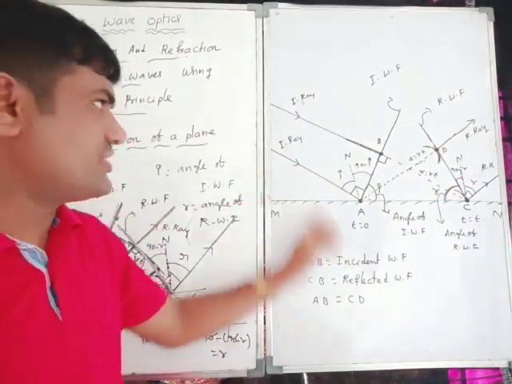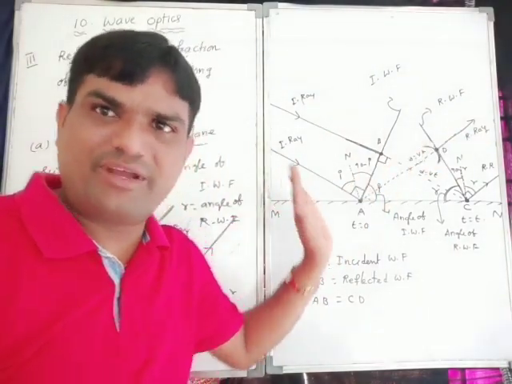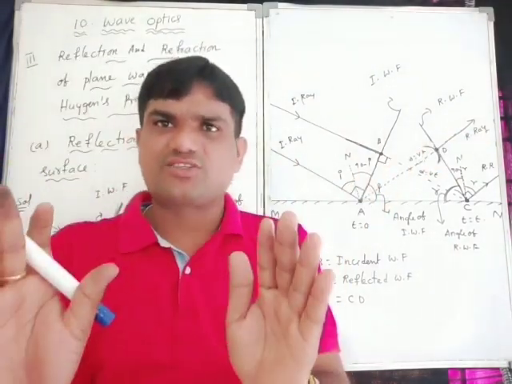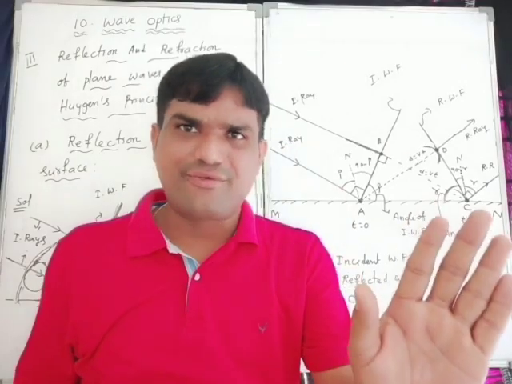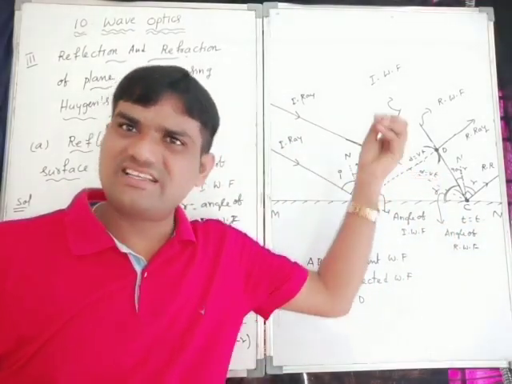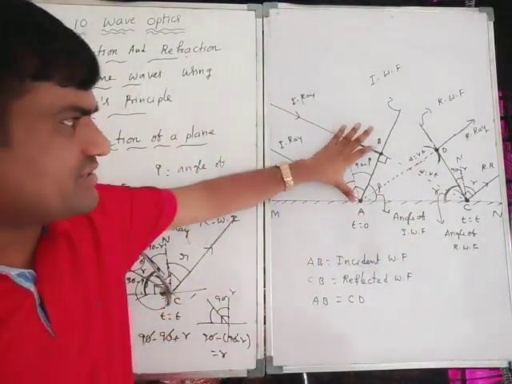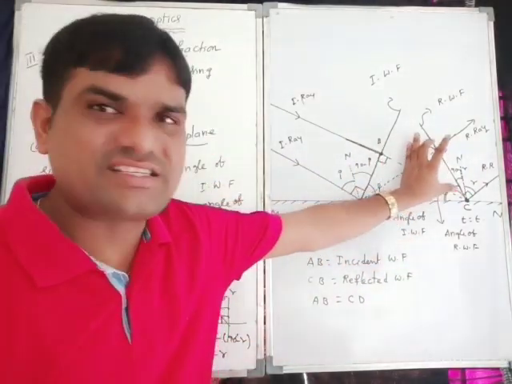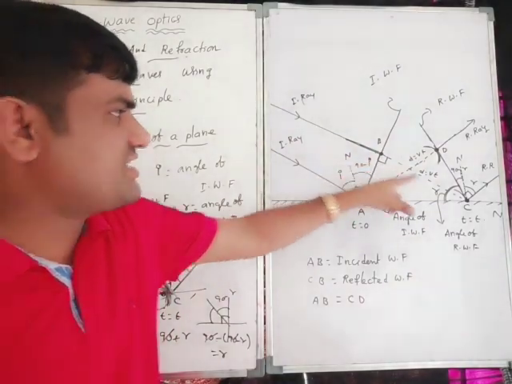Correct or not? So the incident ray and reflected ray both meet at the same phase. Why? Because there is no difference. The speed is not different, right? Why? Because it is the same medium only. So the velocity is the same. So from here to here the distance is the same. That means AB is equal to CD.